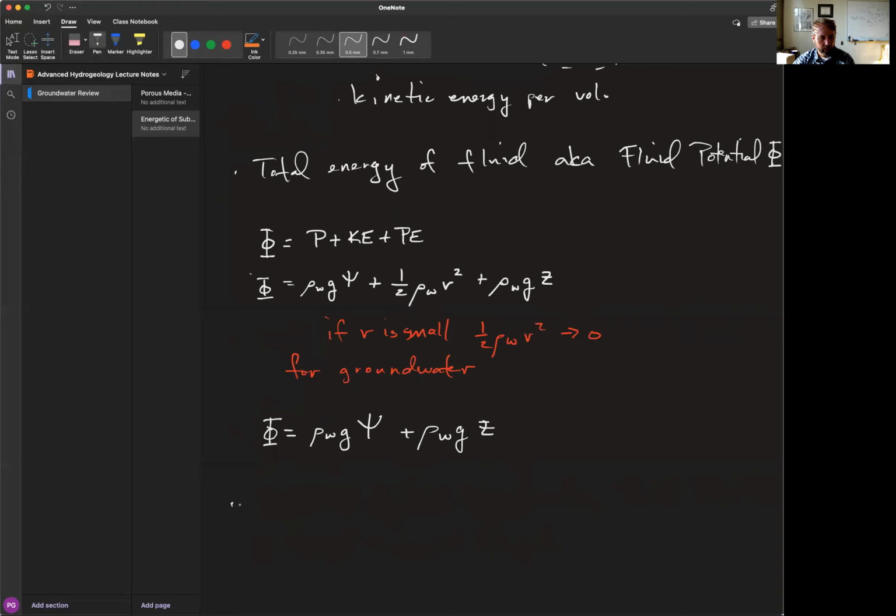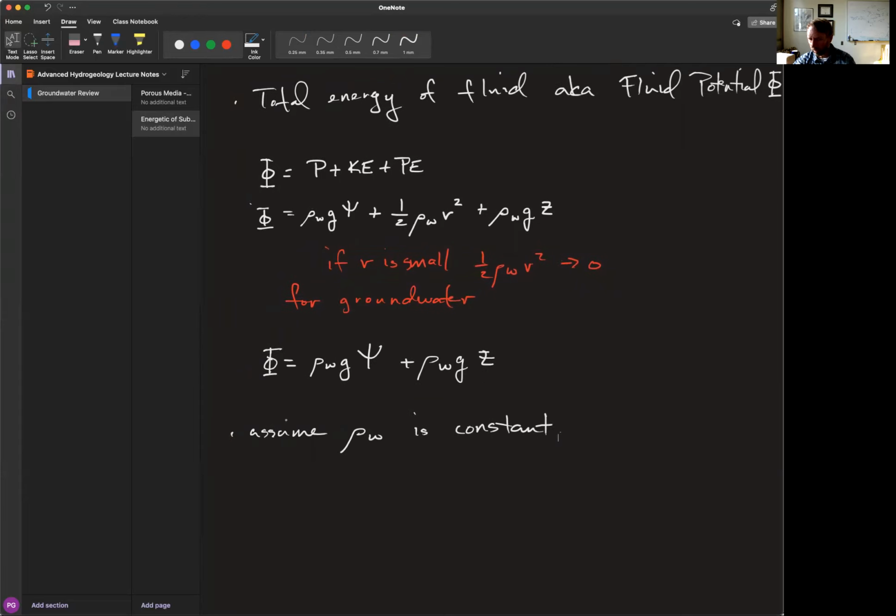So let's make another assumption. Let's assume rho water is constant. This is a relatively decent assumption for cold groundwater. Water is pretty incompressible, and if our water remains the same temperature, we have no temperature effects, then rho water constant is a reasonable assumption, and it's one that we make in groundwater.